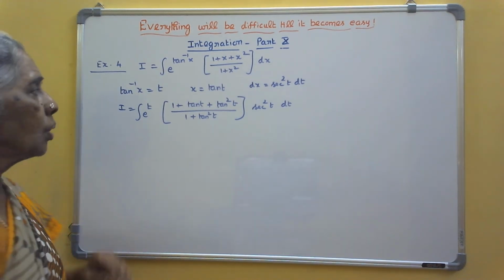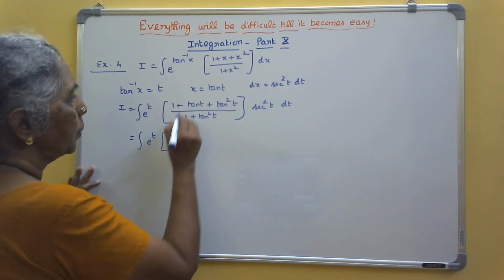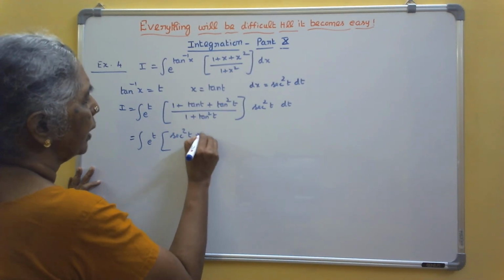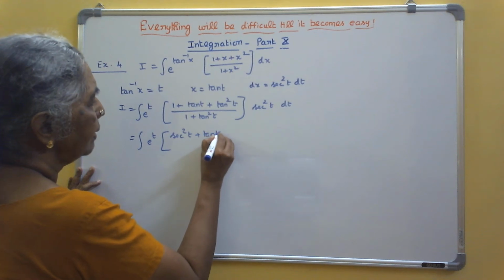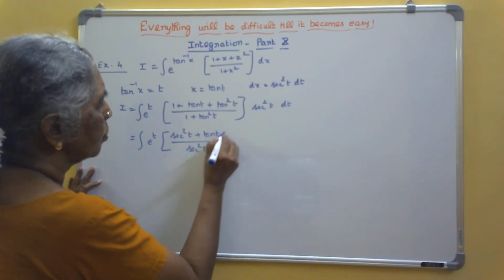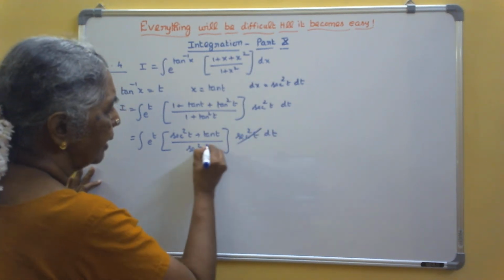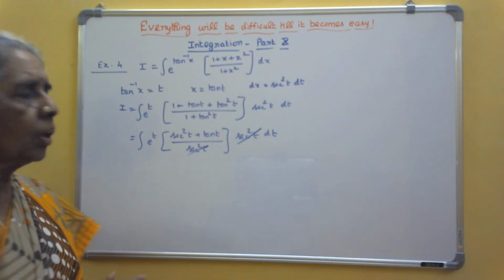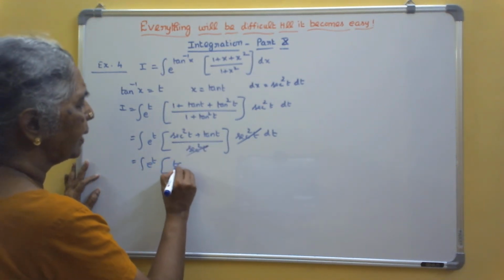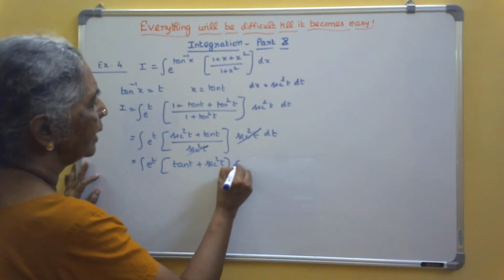So now I will get integral e power t into 1 plus tan squared t, that will be secant squared t, plus tan t. 1 plus tan squared t will be secant squared t. Here you have secant squared t dt. So cut this and this. So now I get integral e power t. Let me write tan t first, then I will write secant squared t dt.